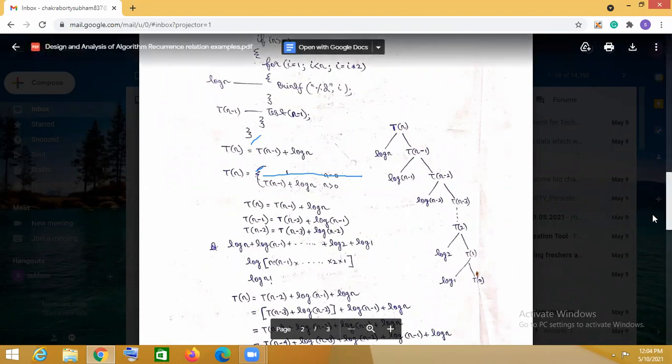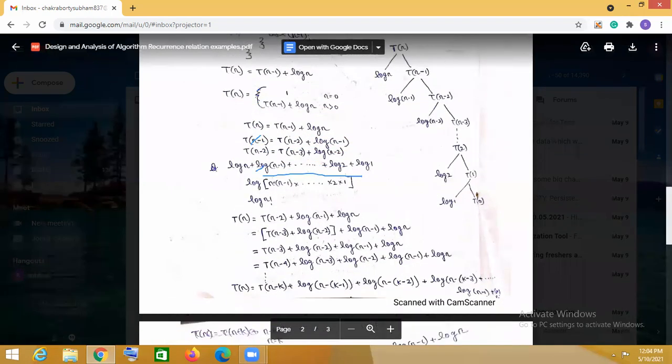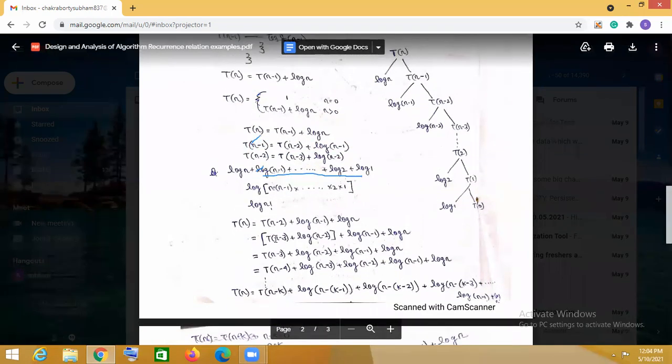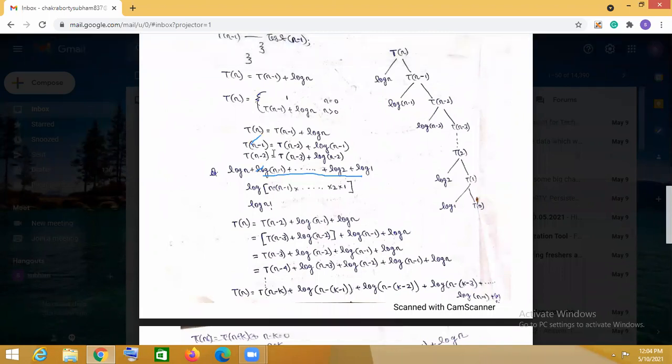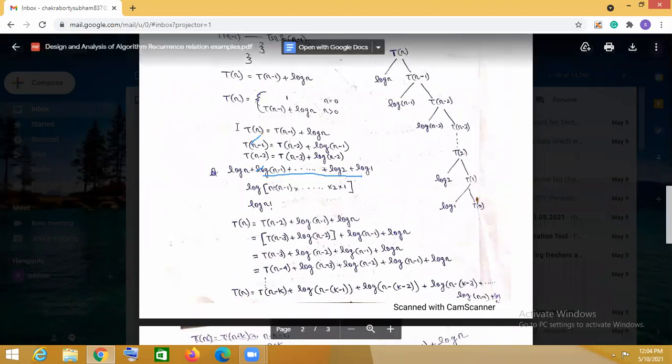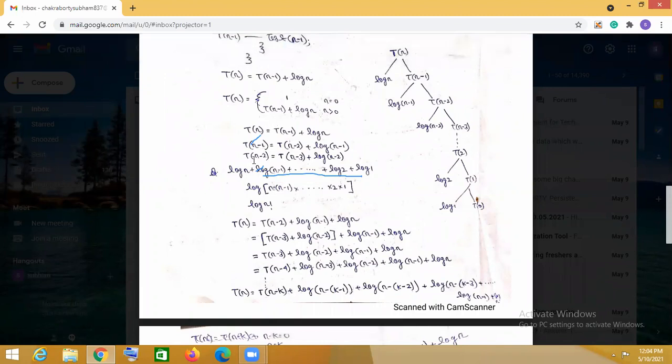Now we can also solve it using the substitution method. Then what is our motto? Our motto is to reduce it to 0 and get the result. To get this result, we have to solve for Tn minus 1, so the substitution method is used.